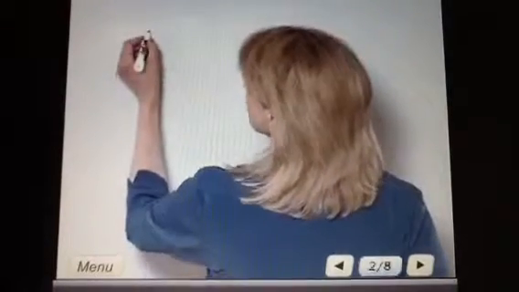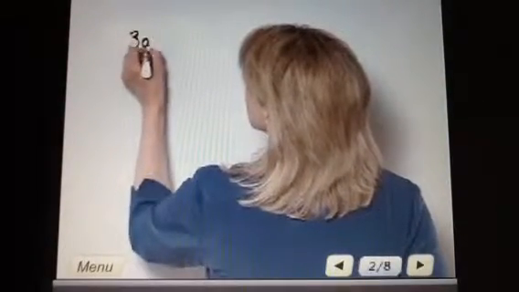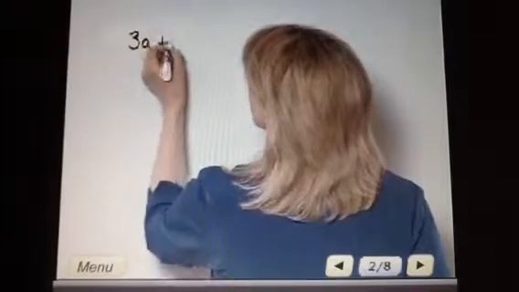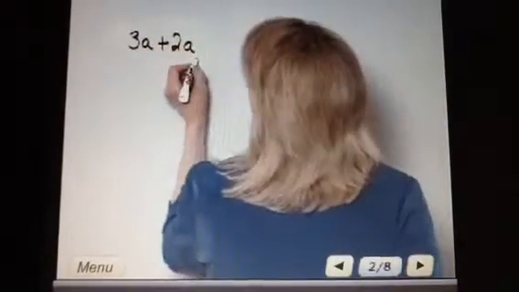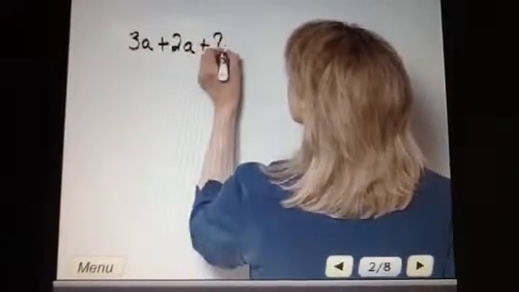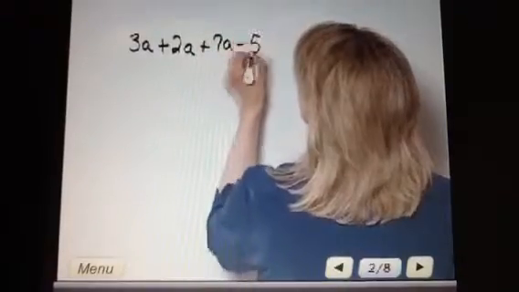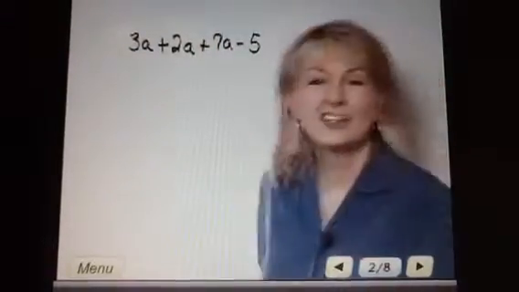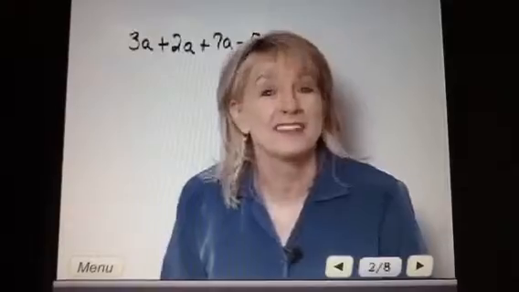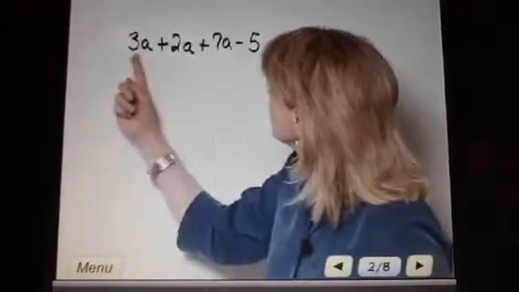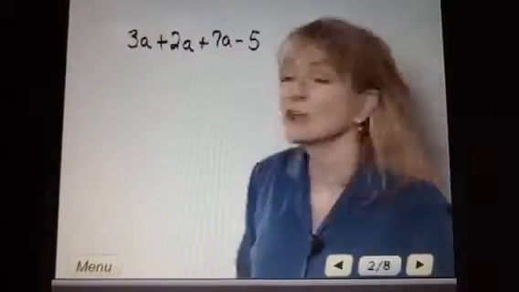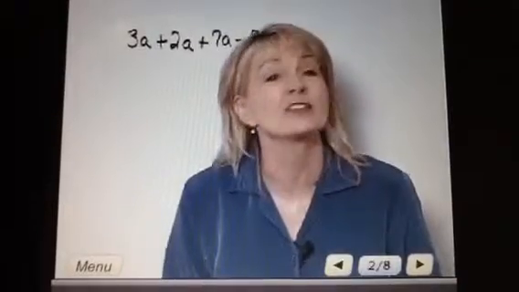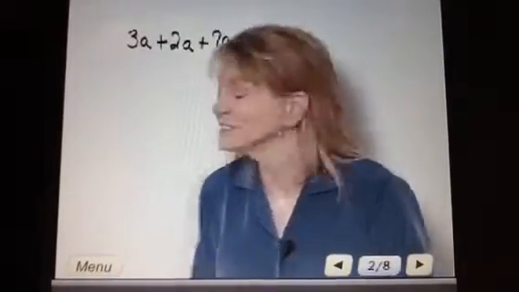Let's do that again. Let's look at another expression. Suppose we have 3a plus 2a plus 7a minus 5. There is my algebraic expression, also called my expression. Notice these first three terms are like terms, so let's combine these like terms.